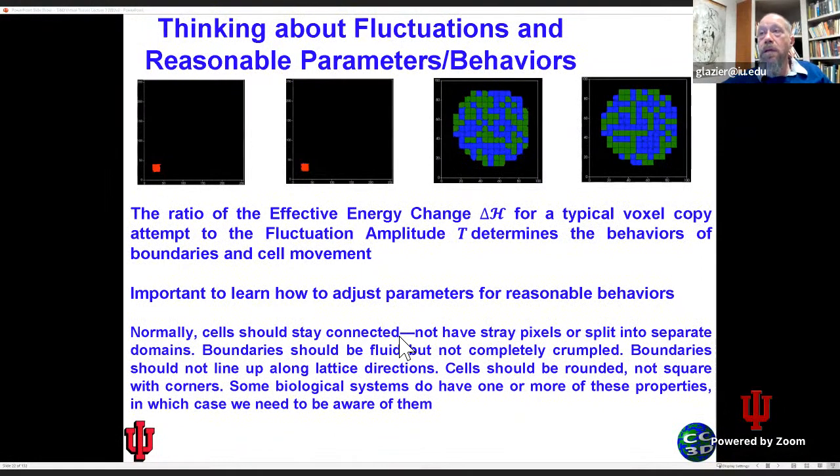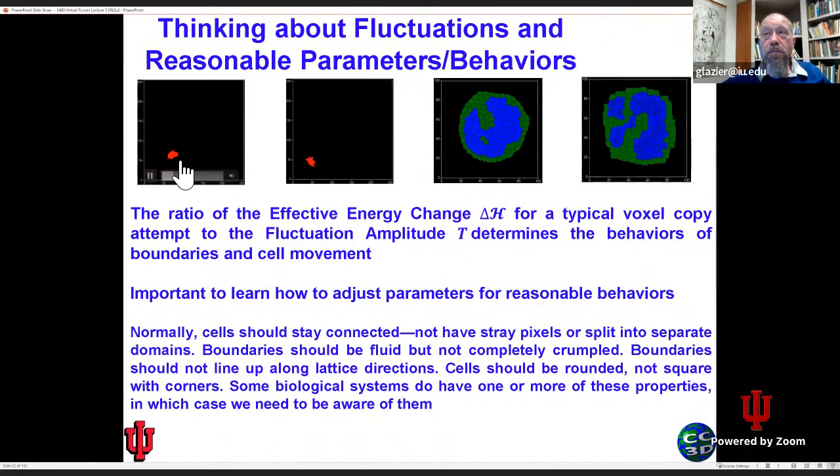So that's good. Another thing we could think about is what if we see a behavior in our simulations: are things behaving reasonably or not? This is a simulation we did last time. In the left-hand case, I have a cell that's crawling by itself. The cell is amoeboid. It's moving freely.